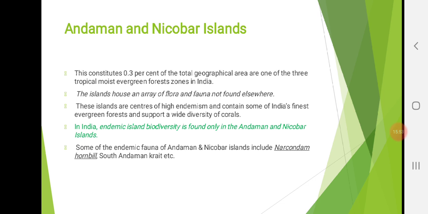And the line highlighted with green color is very important. In India, endemic island biodiversity is found only in the Andaman and Nicobar Islands. Okay, this line is important for MCQ. Some of the endemic fauna of Andaman and Nicobar Islands include Narcondam hornbill, South Andaman krait, etc.